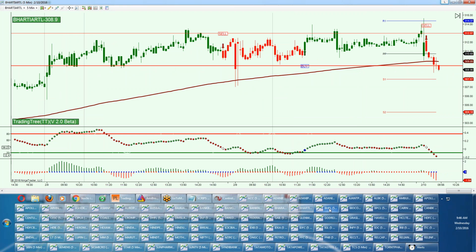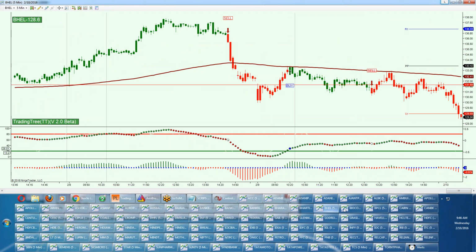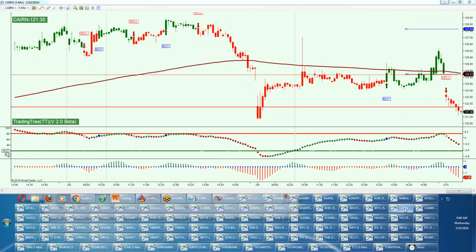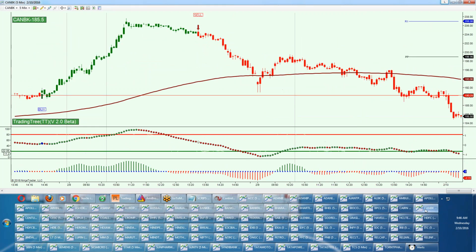So that's Bharti Airtel, BHEL, Biocon, BPCL, Can Bank.